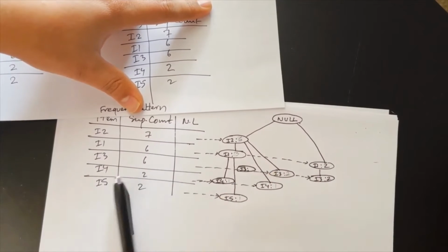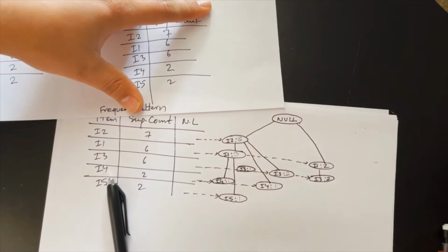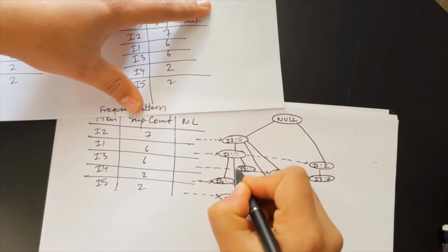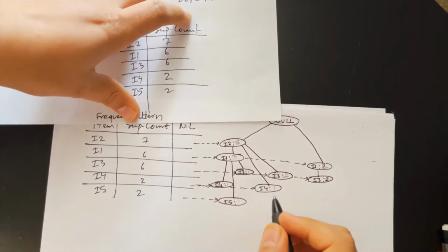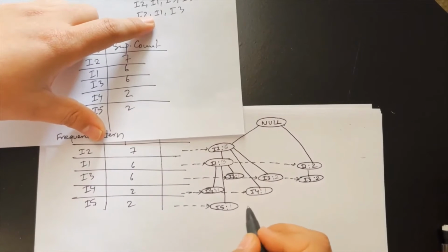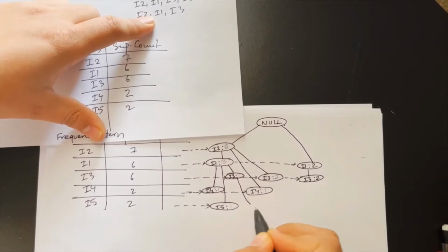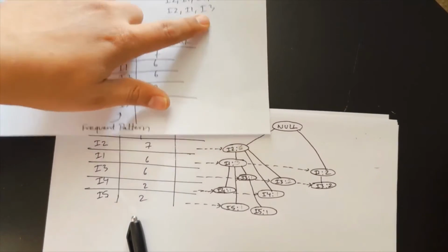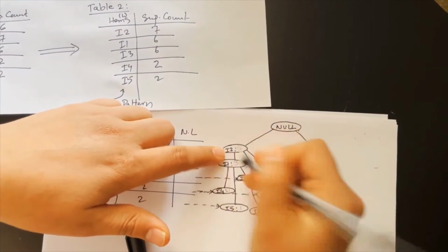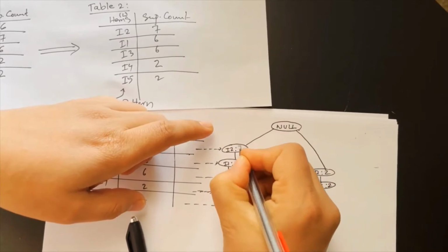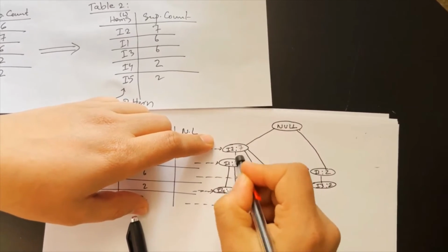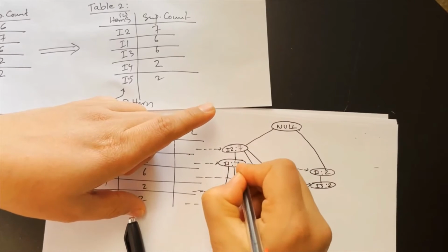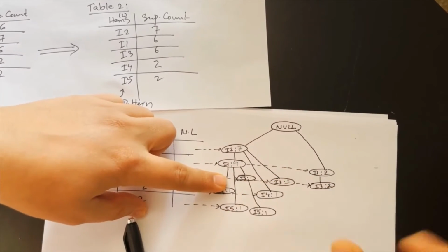I3 is 1 here, frequency 1, connect it with this one here and the node link, and it goes to I5 again. Let's make another one here, down here. I5 is 1. Now the final one, we have I2, I1, I3. I2 goes to 7. I3 will go to 4. I3 will go to 2.